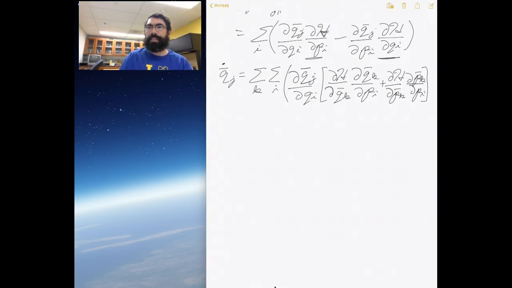Okay. So I just made that first substitution, minus the derivative of q bar sub j over dp.